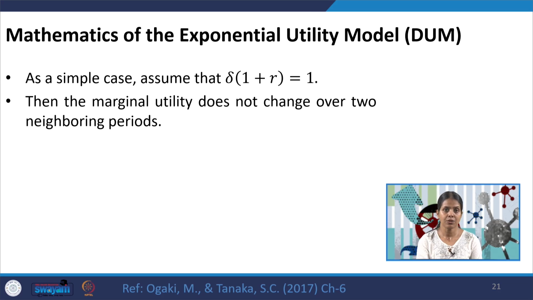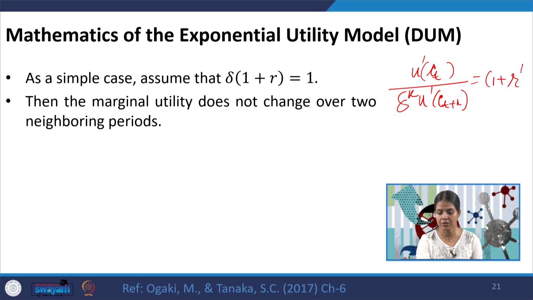Here delta into 1 plus r is coming from that Euler equation. We had u prime Ct divided by delta raised to the power k u prime Ct plus k equals to 1 plus r raised to the power k.